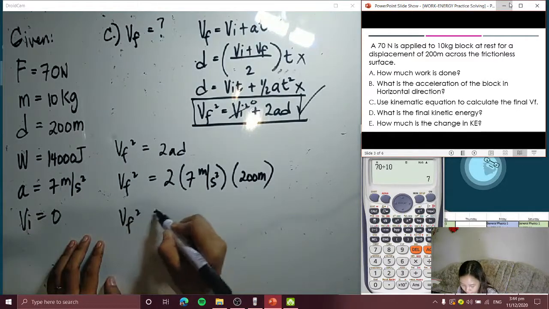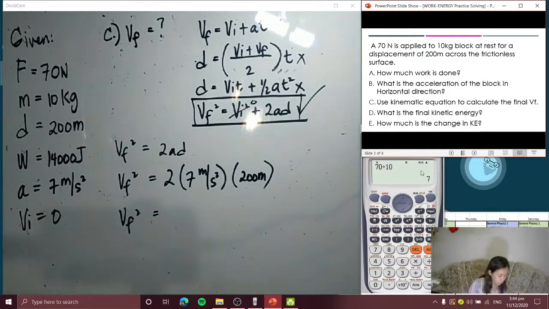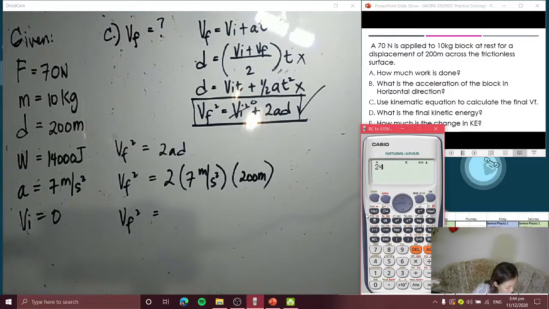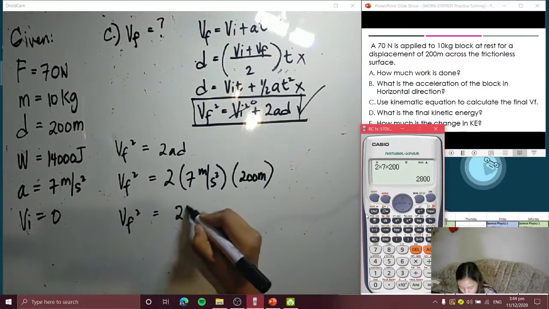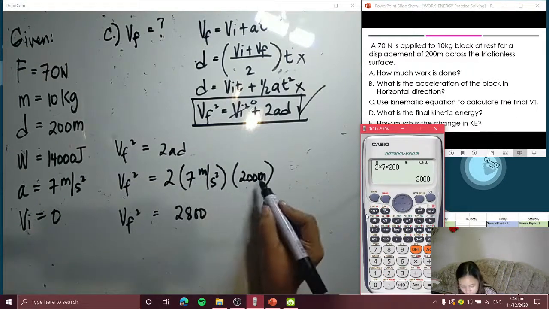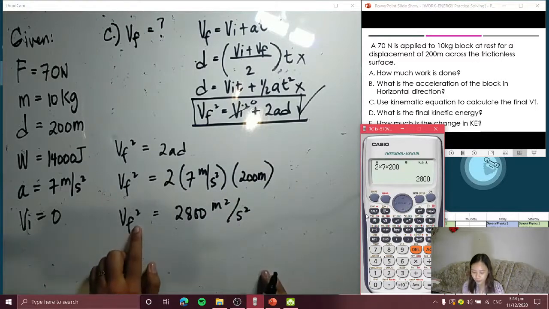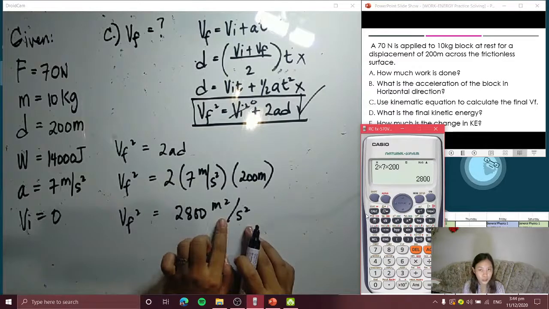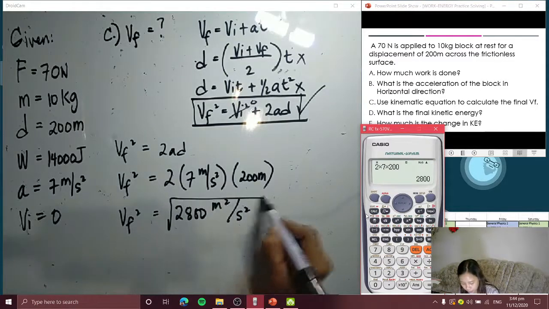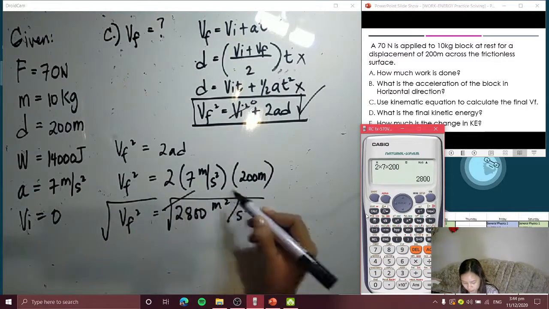So, Vf squared is equal to 2 times 7 times 200, and that's 2,800. 2,800 meters times meters, that's meters squared per second squared. Now, the variable is squared, and at the same time the units are squared, so we are going to square root both sides. Cancel, cancel.